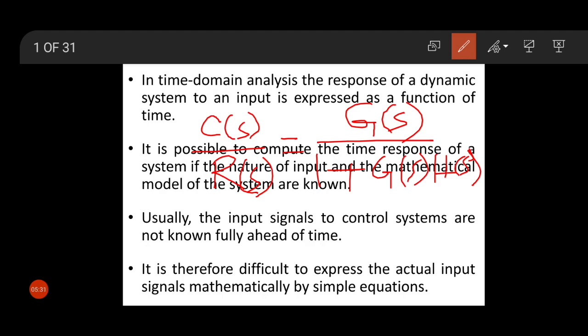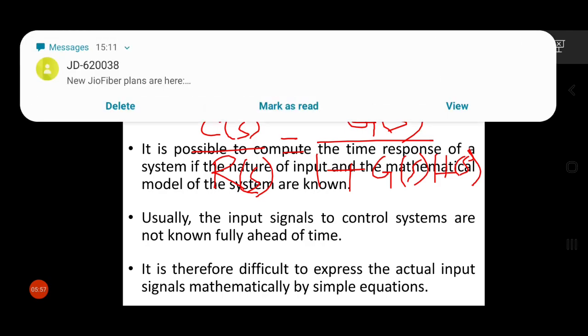From this equation we can write C(s) equal to R(s) into G(s) divided by 1 plus G(s) H(s). To get the time response, which means output with respect to time, that means you need to get c(t). So we further take the inverse Laplace transform of this.